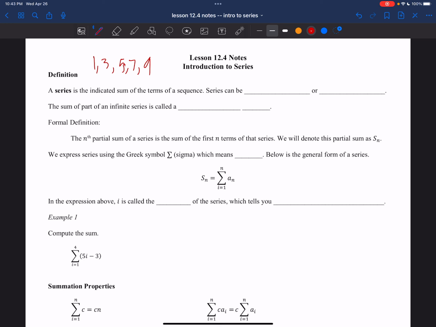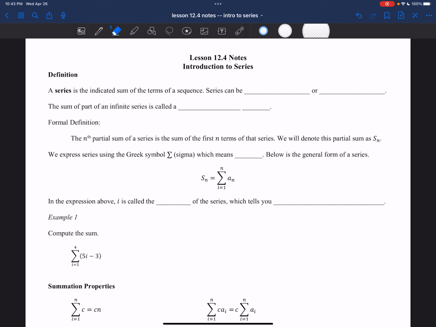So rather than having commas between those, it'd be 1 plus 3 plus 5 plus 7 plus 9 plus ... And so it's just a repeated sum. I'm adding all the terms of the sequence together. That's what a series is.